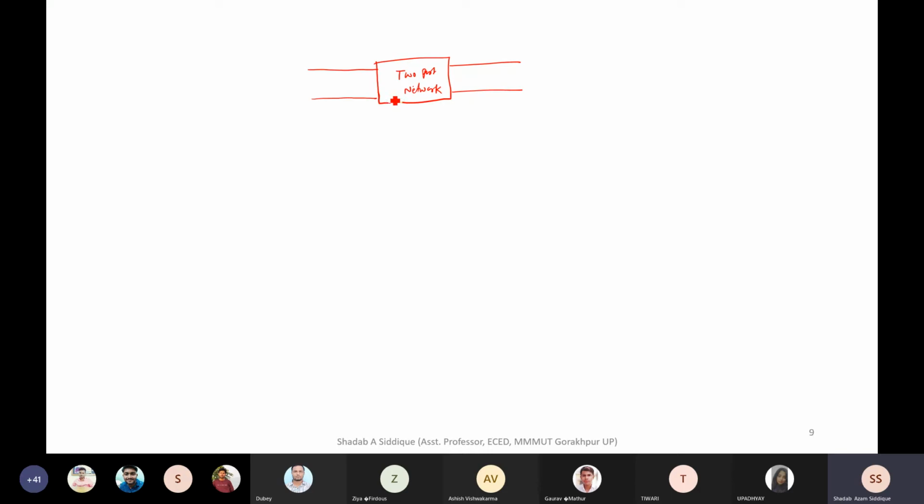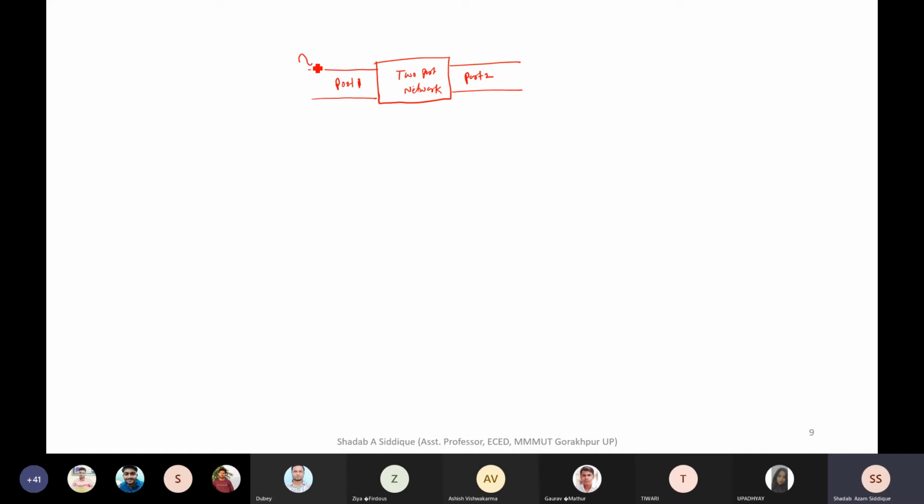If you want, you can name them port I and port J, or port 1 and port 2. You can take I, J, K, L, but because we are dealing with a 2-port network, I have taken port 1 and port 2.